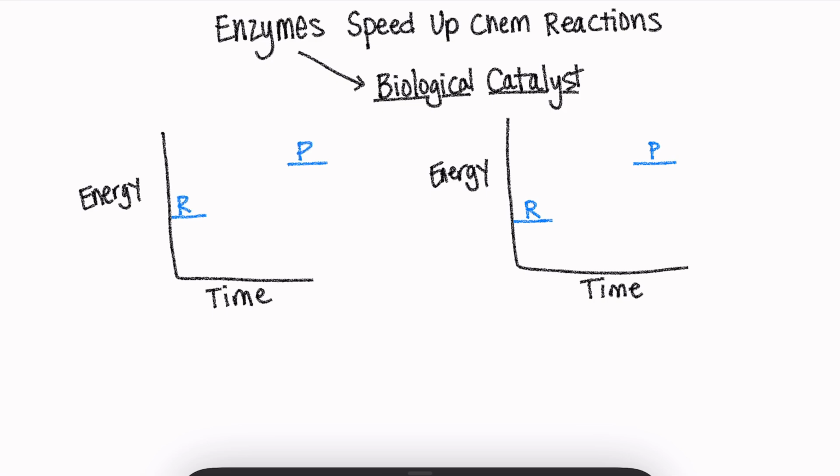Now, without an enzyme, the activation energy might look like this, okay? So this difference right here is the activation energy. Now, when you have an enzyme at play, look at what can happen. Do you see that? Now the activation energy is less.